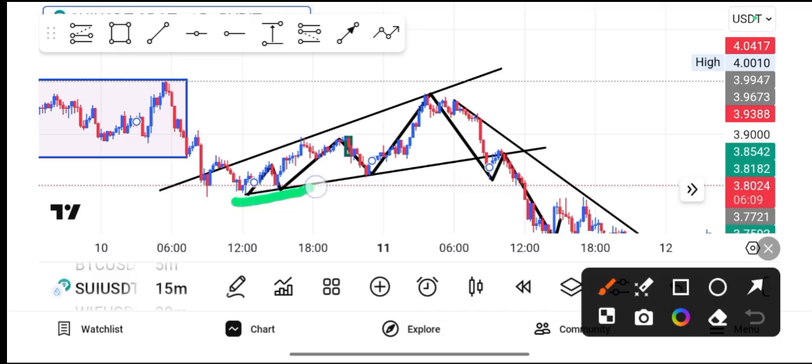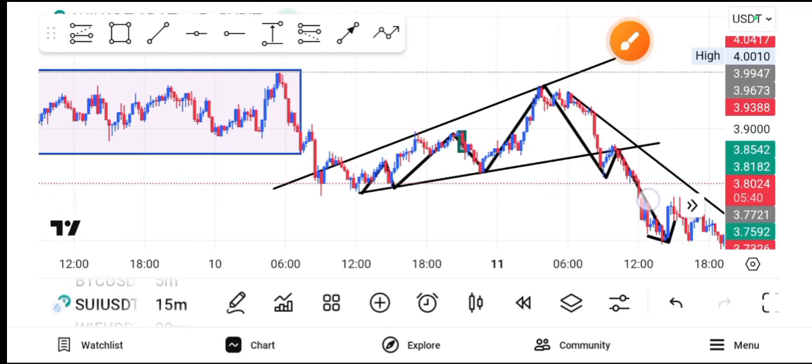Any place that price rejected below is support, and anywhere it rejected up is what? Resistance. So price comes here, rejected. Price comes here, rejected. It came here, rejected. This first place is a support, and this is a resistance. You understand? So let me just use this trend line to show you.